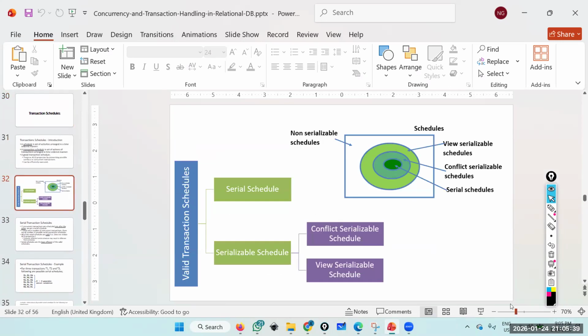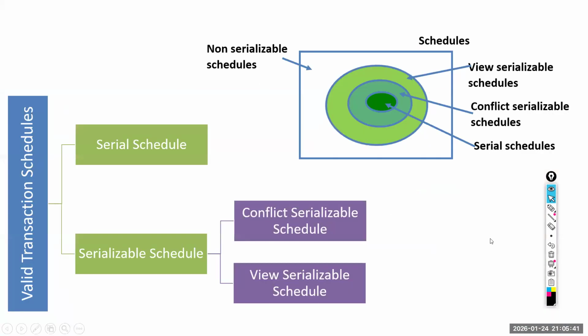Right, this one. You can see that if a schedule is conflict serializable, it is inside this. You can see conflict serializable is inside view serializable. So therefore, if a schedule is serial or conflict serializable, it's automatically view serializable.